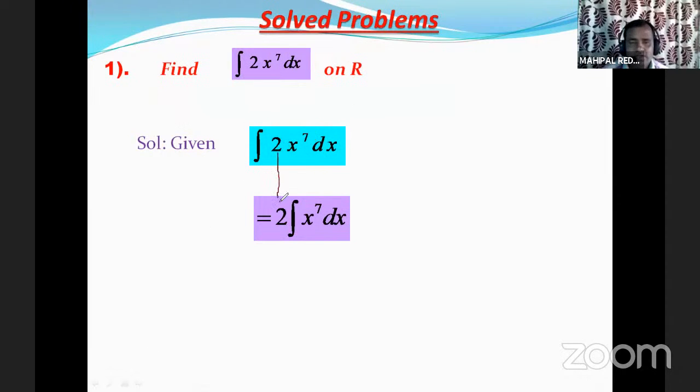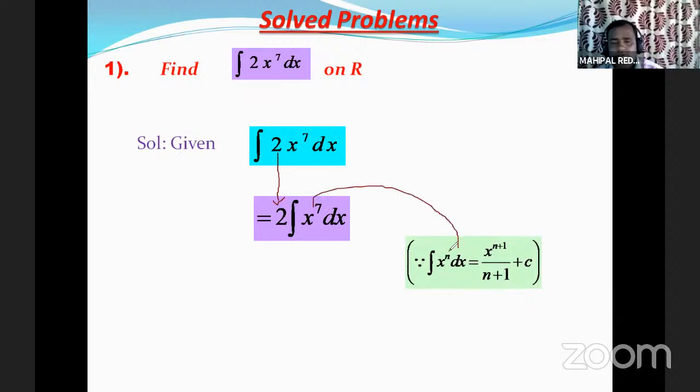So I am writing 2 into the integration of x power 7 dx. Look, this is in the form of the integration of x power n dx, but from the standard form, the integration of x power n is x power n plus 1 by n plus 1 plus c.